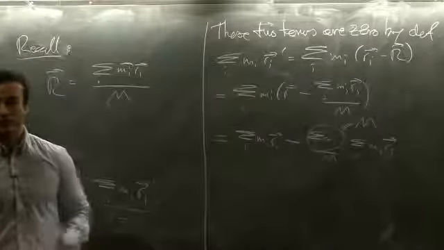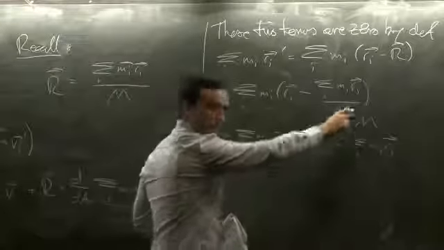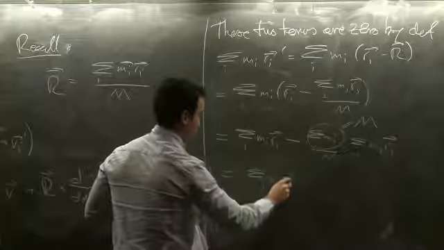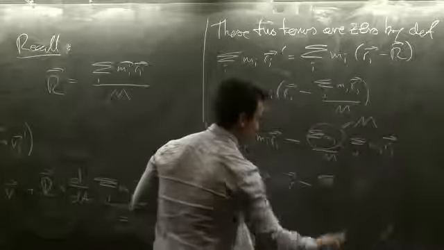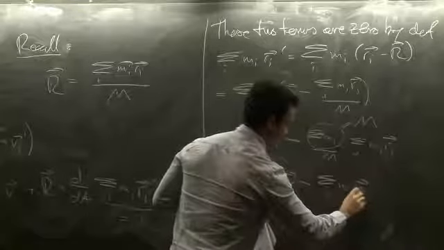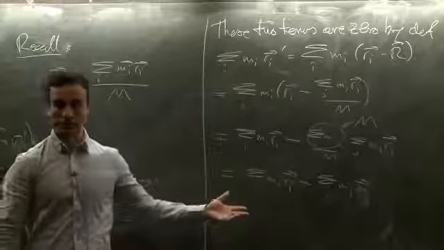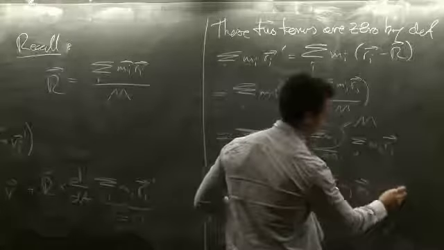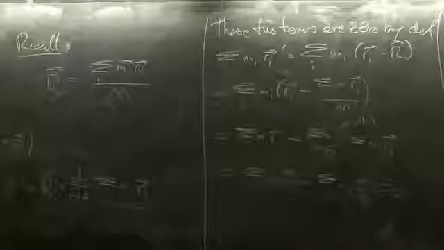This is just the total mass of the particles in the system. So this term cancels, becomes 1. So we end up with this, which is 0, because I can rename this index to I if I like. So that's a pretty significant simplification of this equation.